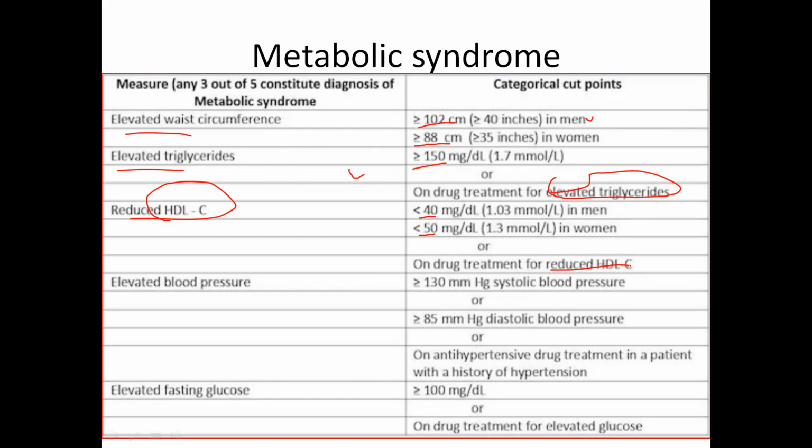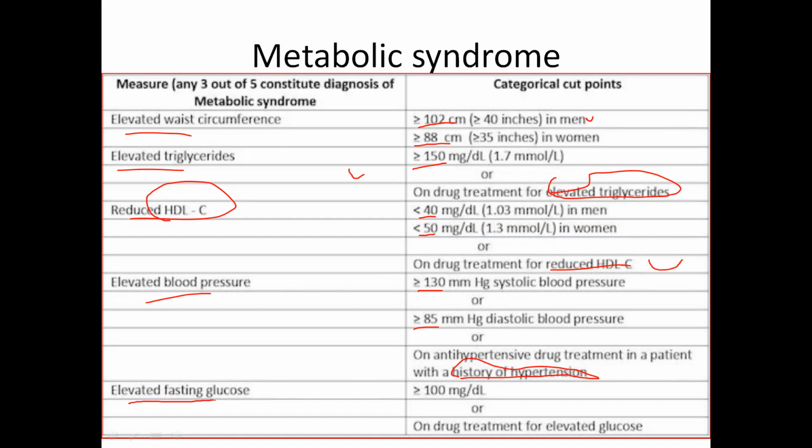The patient may have even greater than these amounts, but if he is in treatment for reduced HDL level, the patient has one parameter for metabolic syndrome. The other is elevated blood pressure, that is 130 millimeters mercury systolic and 85 diastolic, or the patient has a history of antihypertensive and is on antihypertensive treatment.